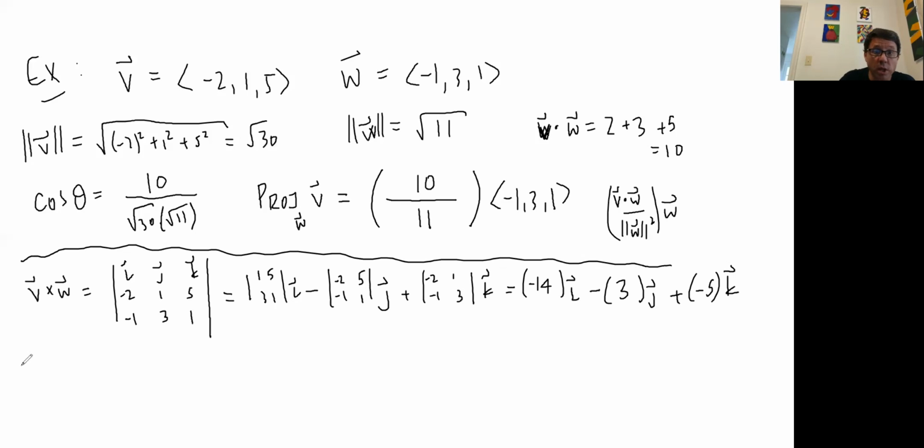I guess if I wanted to do the length of that, that would be the square root of 14 squared and 3 squared, everything's going to be positive, and minus 5 squared.